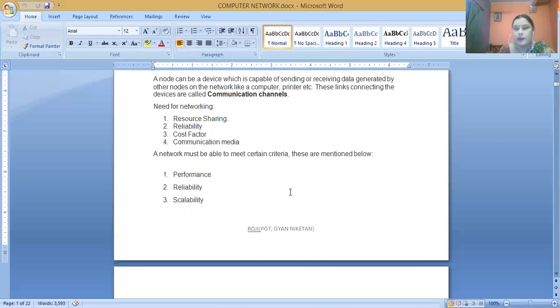Scalable means the network can easily be extended, means we can organize the networks easily. Reliable means the network can perform the task in unfavorable conditions. Performance means how it is performing the task. What is the capacity? What is the time for performing the task?